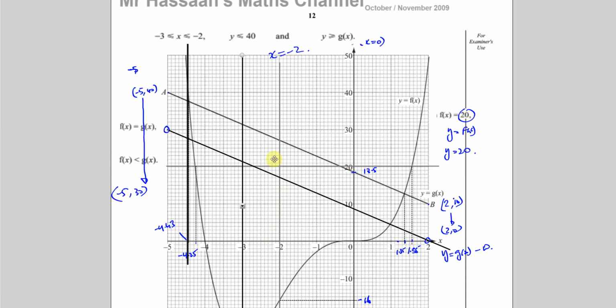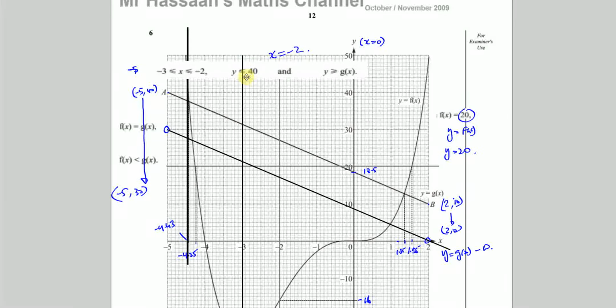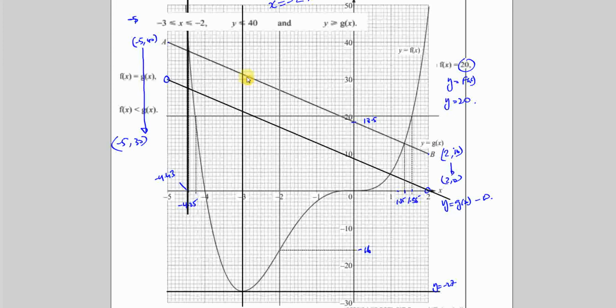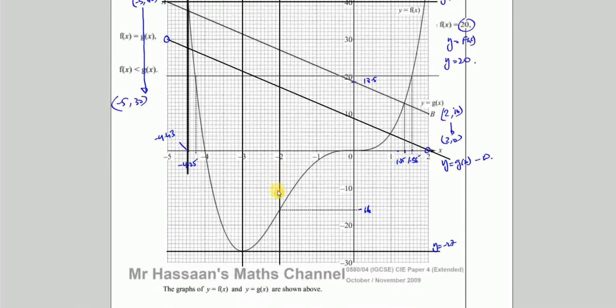Then I've got x equals minus 2, which will be a line that goes like this. And y equals 40 is this line that goes across like that. I'll label them down here: x equals minus 3 and x equals minus 2.